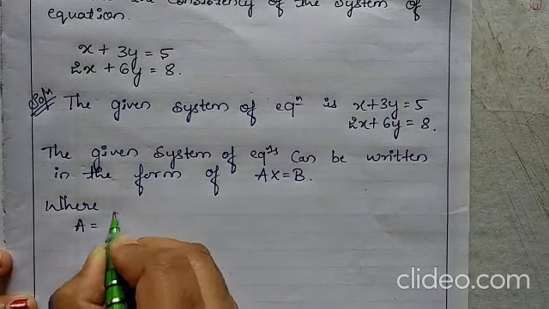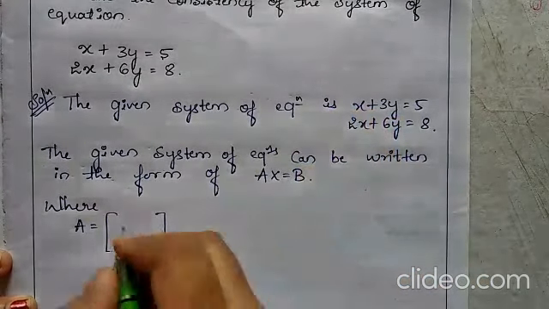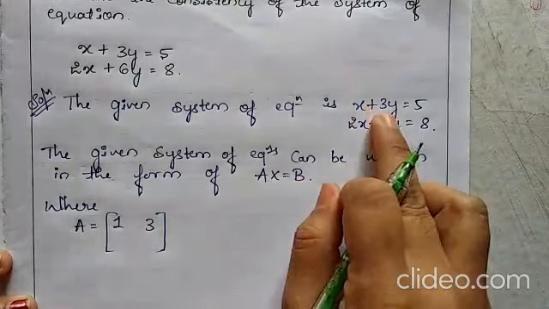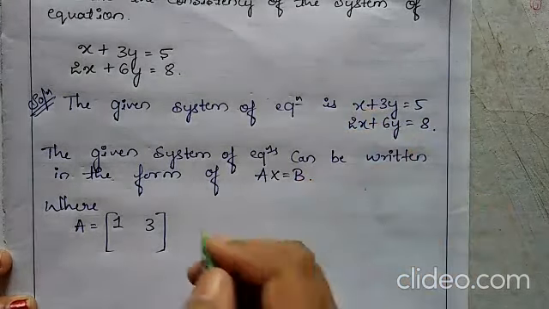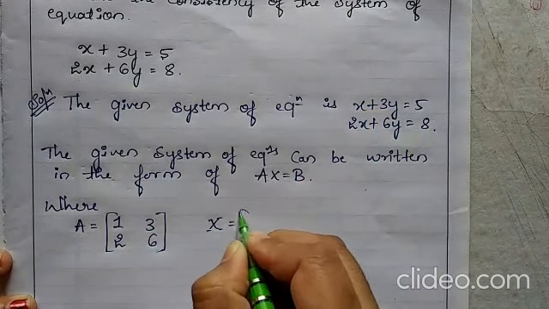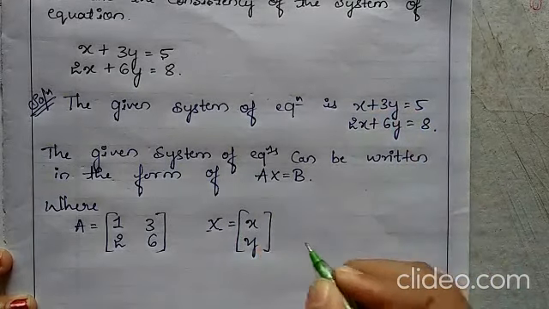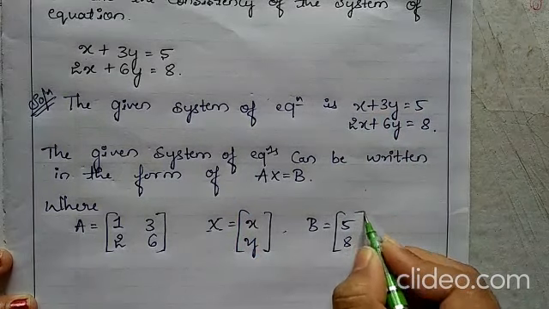A is the coefficient matrix: coefficient of x is 1 and coefficient of y is 3 in the first row, coefficient of x is 2 and coefficient of y is 6 in the second row. X is the variable matrix, with the two variables x and y. B is 5, 8.